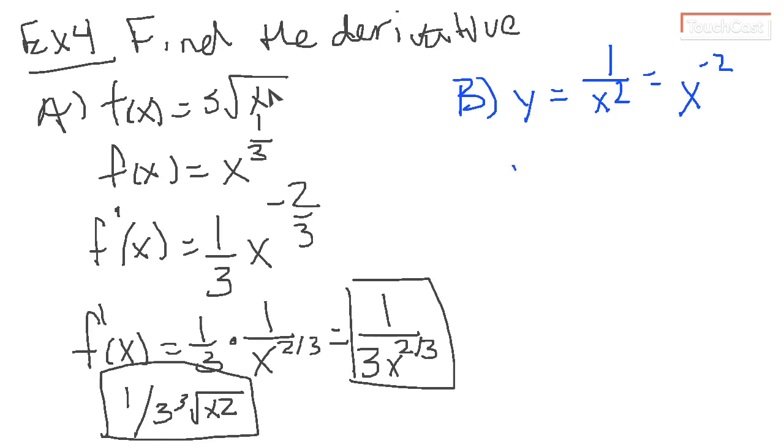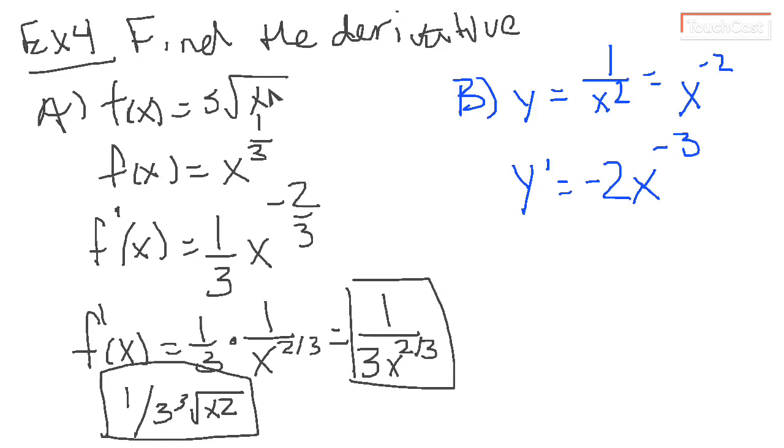So when we're wanting to find the derivative, y prime, we're going to bring that negative 2 out in front of x, and then we're going to reduce the power, the negative 2, by 1, making it negative 3 with the power rule.